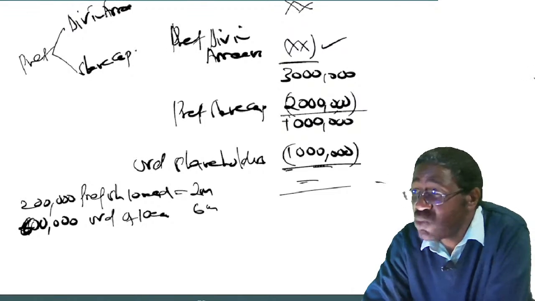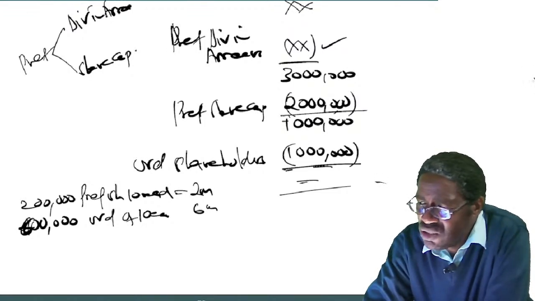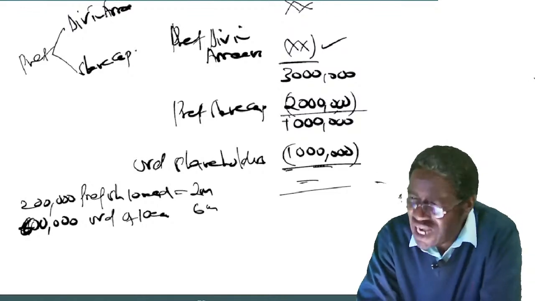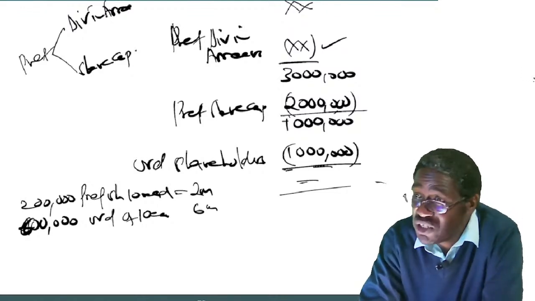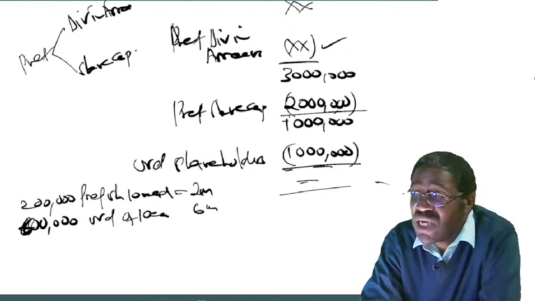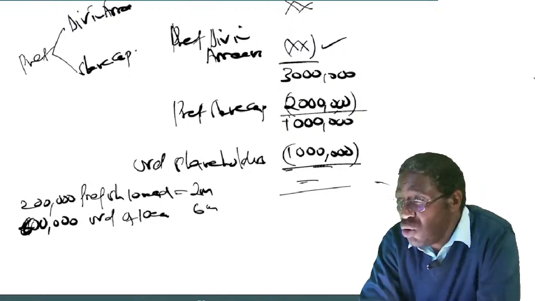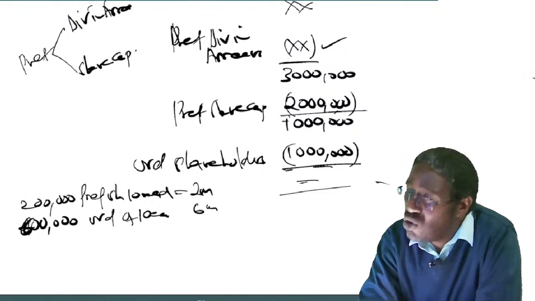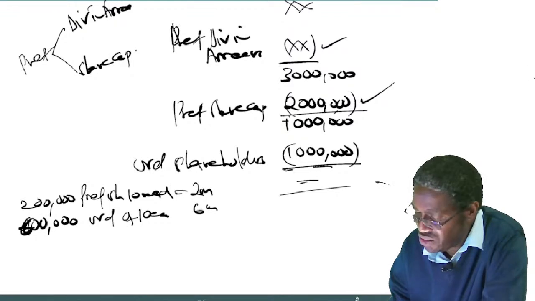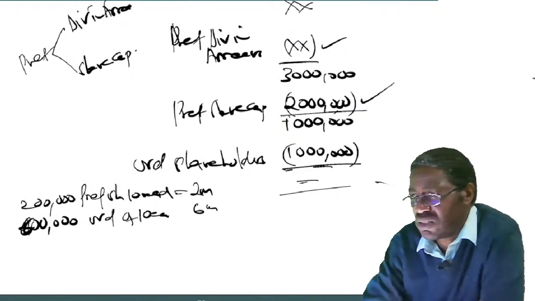So it is obvious, listen, we cannot ask the preference shareholders to suffer the loss that we got in step 1. Why? Because they will know that in case they go to court and ask for the company to be liquidated, they will be paid their 2 million and even their arrears.